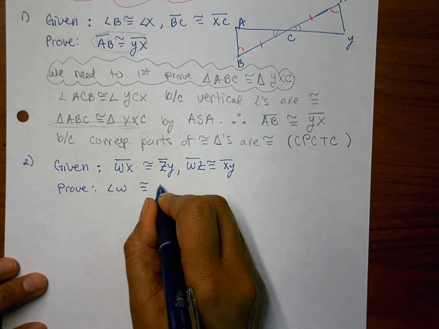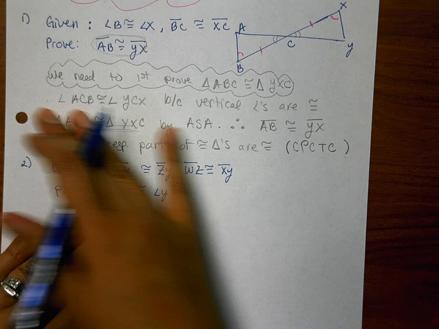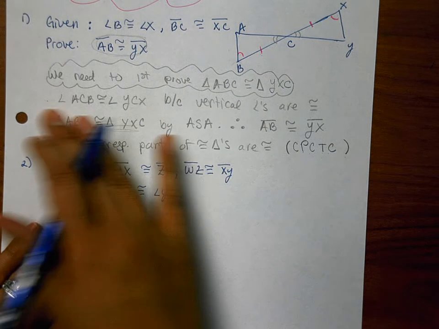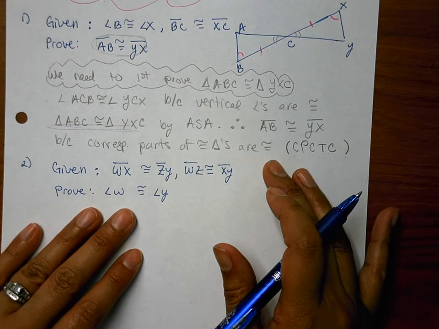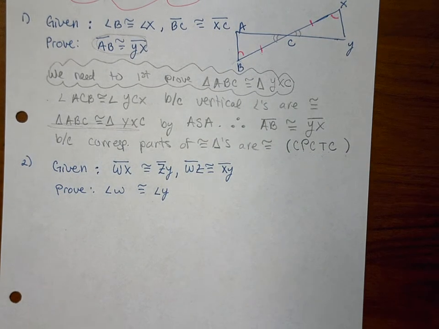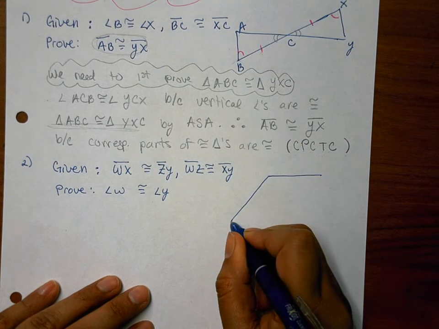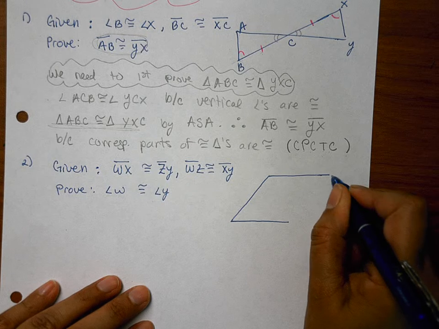Prove: angle W is congruent to angle Y. And before I go further, you will have some on our classwork where you're just writing a paragraph type proof. You're just writing out what you're doing. And then you'll have some like this where the two-column proofs are like we're used to, and I will walk you through them. Okay, let's draw our image.